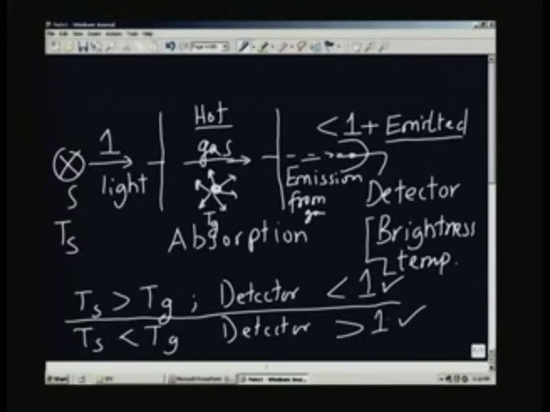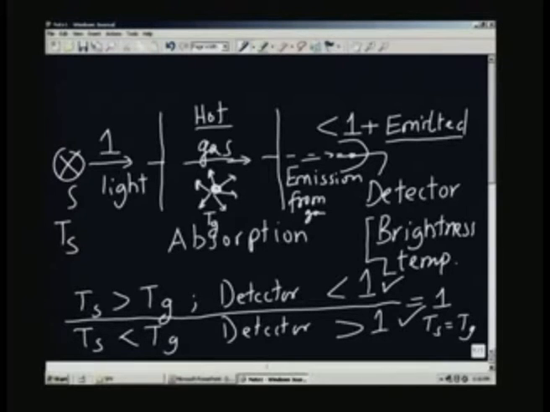And if it is equal to 1, the temperature T s and T g must be equal. So, we will say T s equal to T g. That means there is a full compensation: whatever is absorbed from the radiation coming from the source by the hot gas is exactly compensated by the amount of emission from the gas.